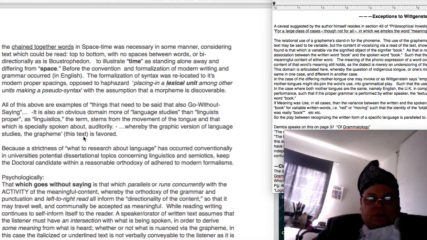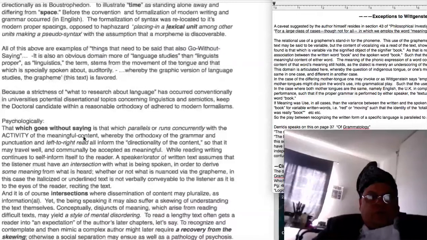Before the convention and formalization of modern writing and grammar occurred in English, the formalization of syntax was relocated to its modern proper spacing, opposed to haphazard placing in a lexical unit among other units, making a pseudo-syntax, with the assumption that a morpheme is discoverable.